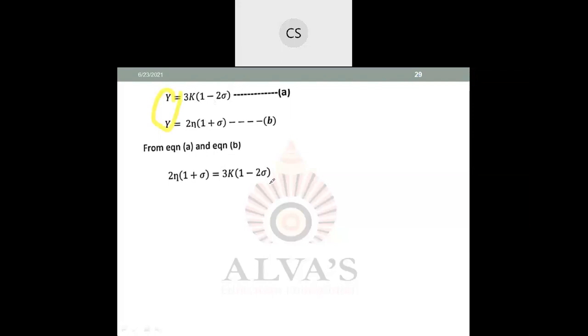So on equating, 2 eta into 1 plus sigma is equal to 3K into 1 minus 2 sigma. Before that, let me take 2 eta inside.